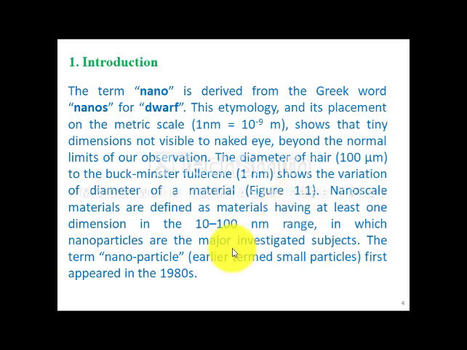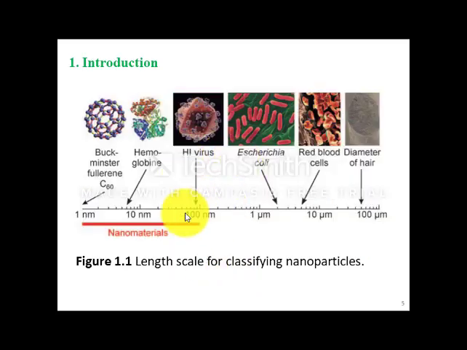Nanoscale materials are defined as materials having at least one dimension in the 1 to 100 nanometer range, in which nanoparticles are the major investigated subjects. The term nanoparticle first appeared in the 1980s. This is the same picture I mentioned in the previous lecture, so I will not repeat it again.